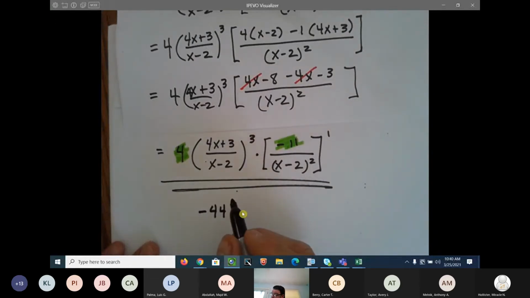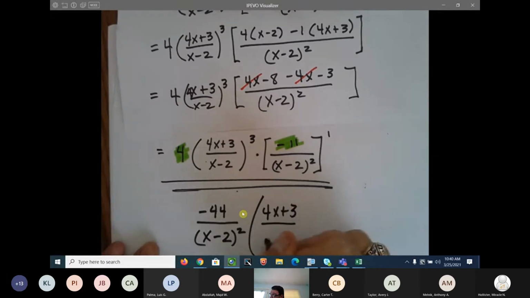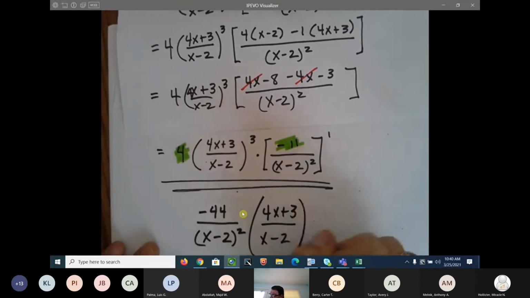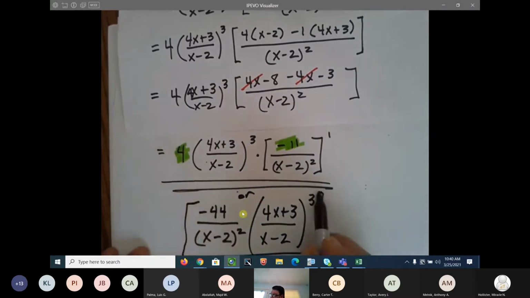And you could multiply it by this: negative 44 over (x minus 2) quantity squared, times (4x plus 3) over (x minus 2) to the third power. I would say they may have done something like this.